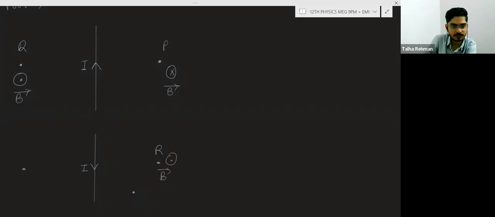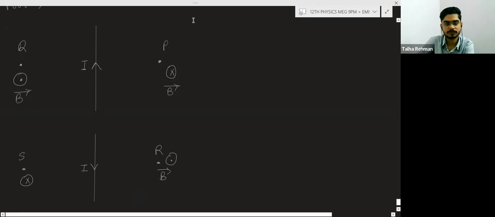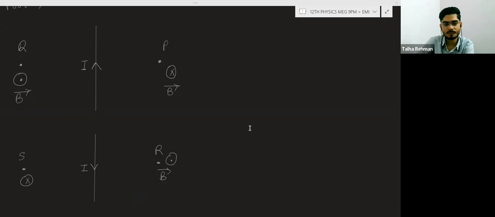And here, suppose some point S. Here the direction of the magnetic field will be inwards. So this thing you should know.